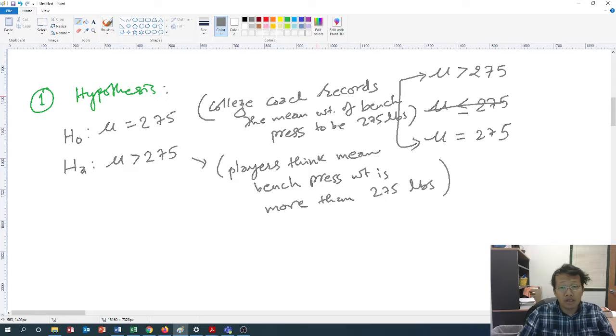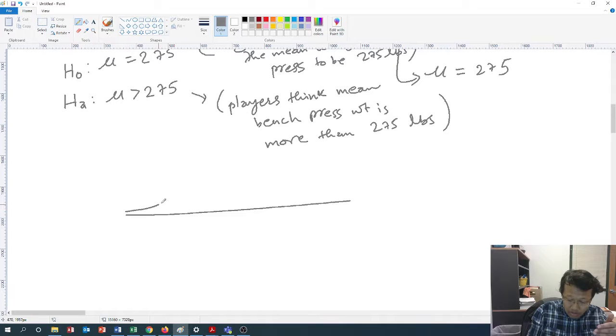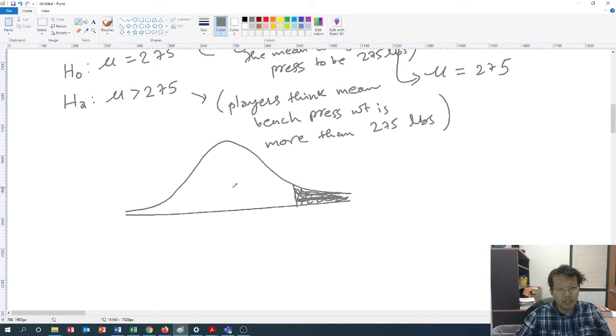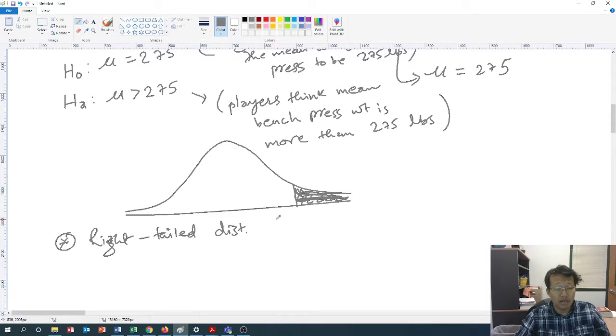Since the alternative hypothesis says the mean is greater than 275, this will be a right tail distribution, something just like this one, and we will go for the shaded portion. So this is a right tail distribution.